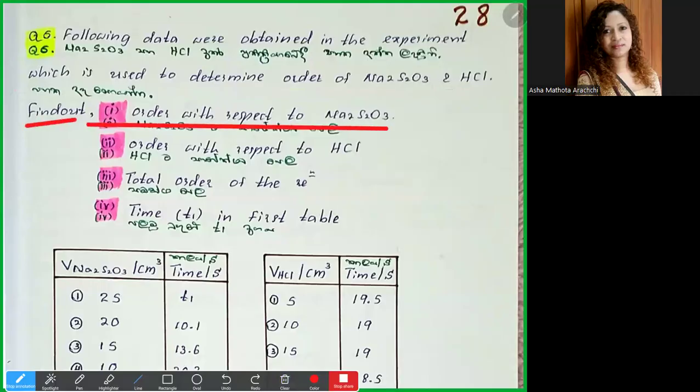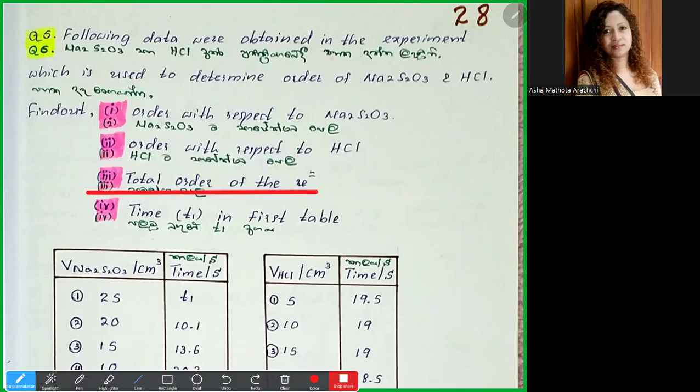Find out: Roman number 1, order with respect to Na2S2O3. Number 2, order with respect to HCl.